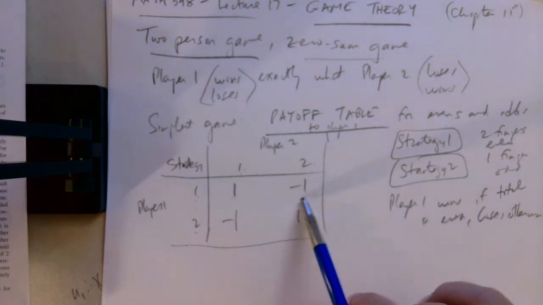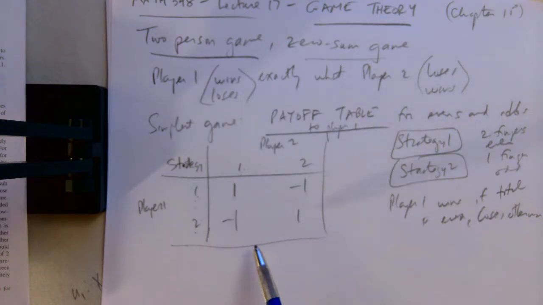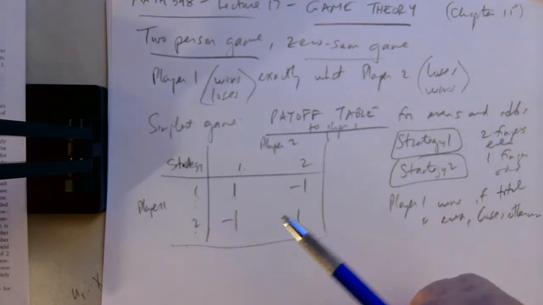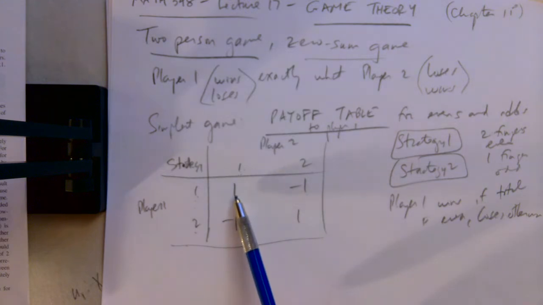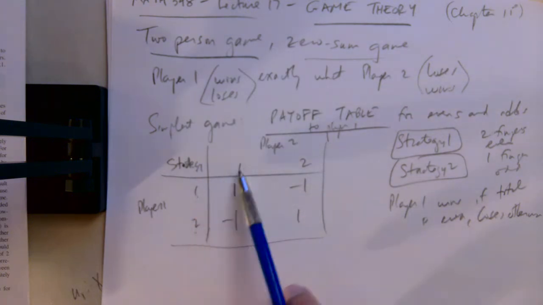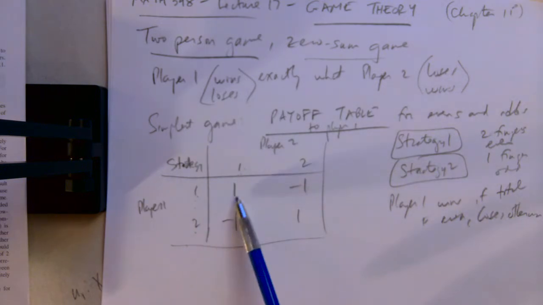It would just be each of these with the sign changed. But you get no more information. That is, if this tells you what player 1 wins for each choice of strategies, it also tells you what player 2 wins at each choice of strategies. It's just the same number in absolute value, but with the sign changed.